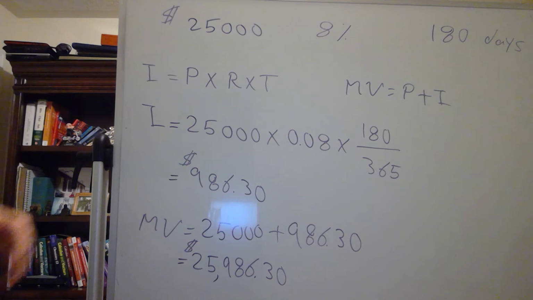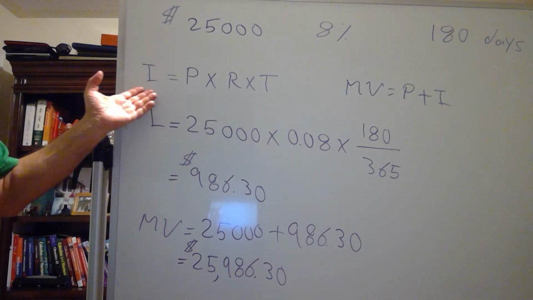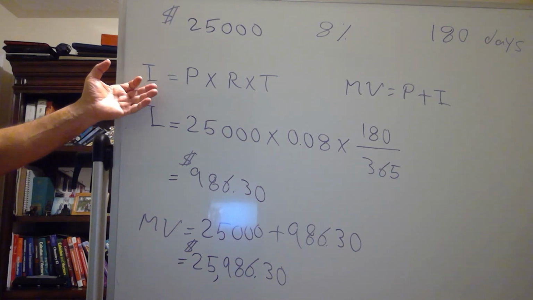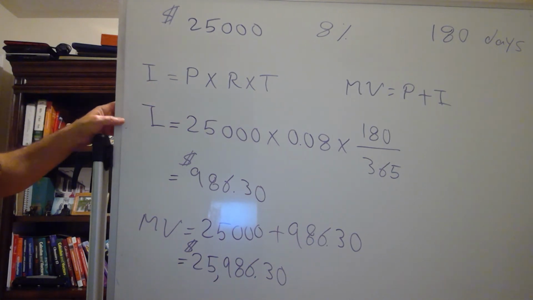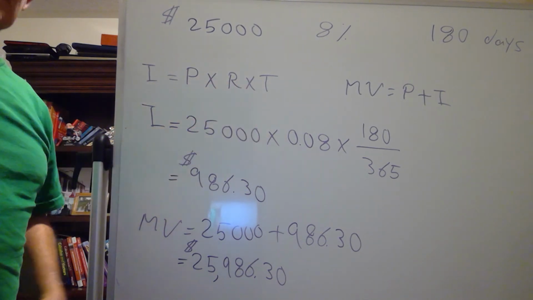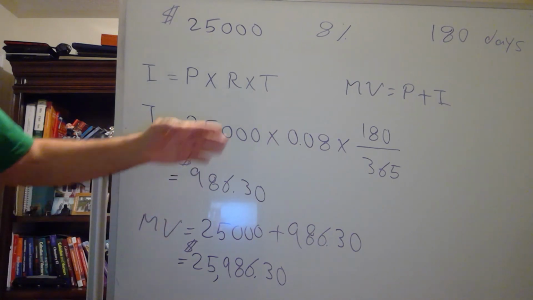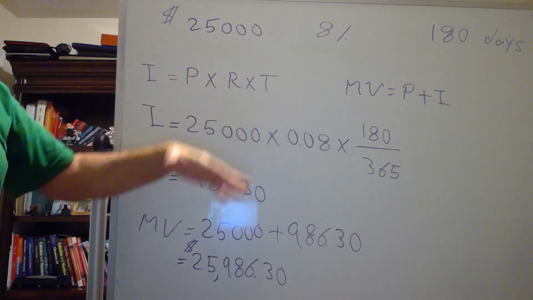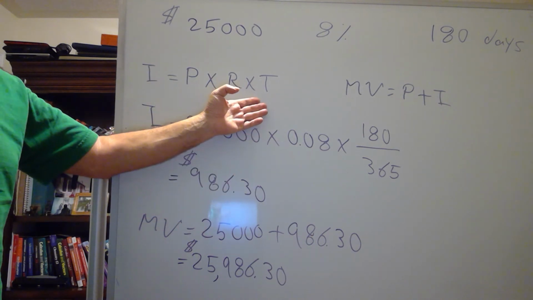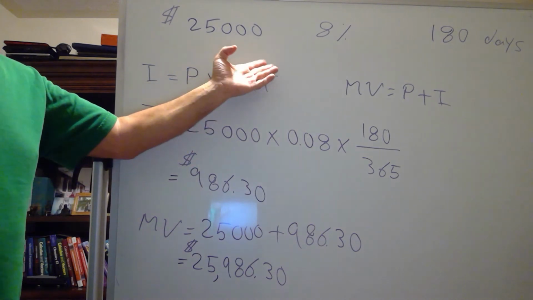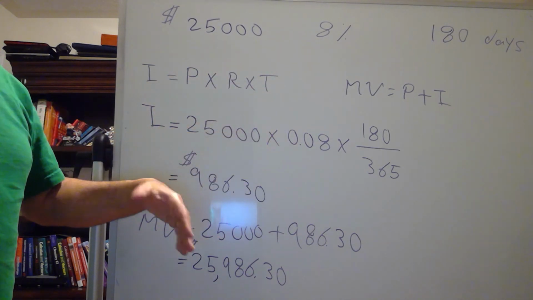So remember, when we are calculating the interest, simple interest, actually all of this is simple interest, the rate is always the annual rate and time is always per year. If the time was in years, just substitute it in the formula, whether it's 3 years, 4 years, 5 years, whatever. If the time was in months, just divide the number of months by 12.